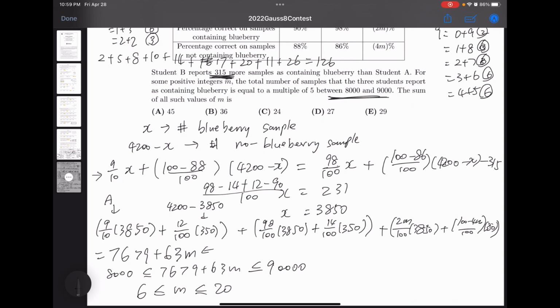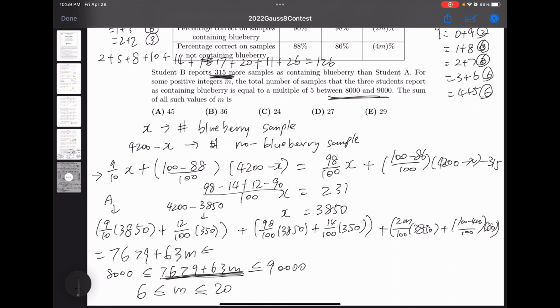And after that, the next thing we're going to do is just to try different values of m. That's what makes this equation have a result that is a multiple of 5.